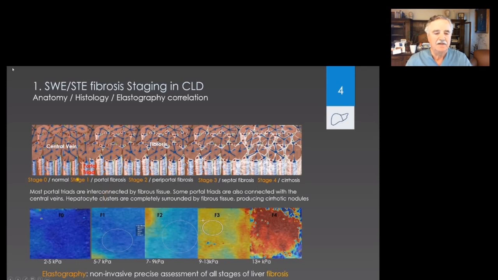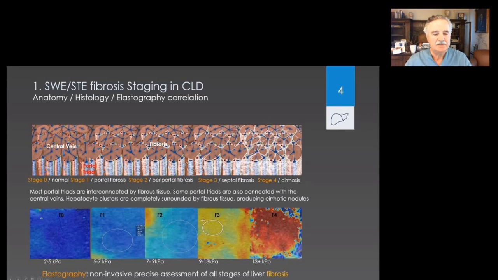Through the different stages of liver fibrosis, you see that this connective tissue is proliferating, and at the last stage 4, this is a typical cirrhotic liver with much fibrosis around each regenerative nodule.